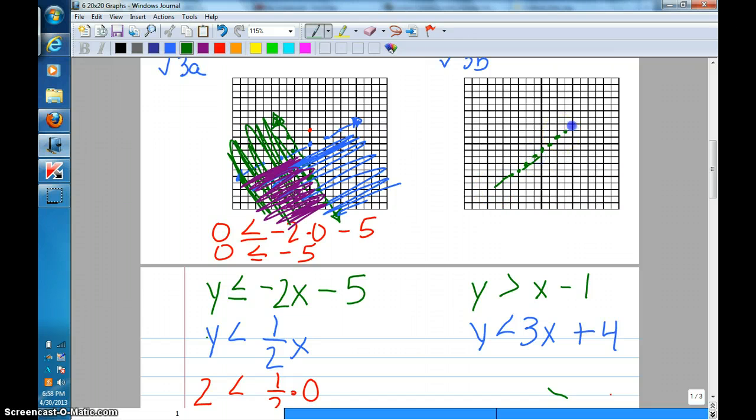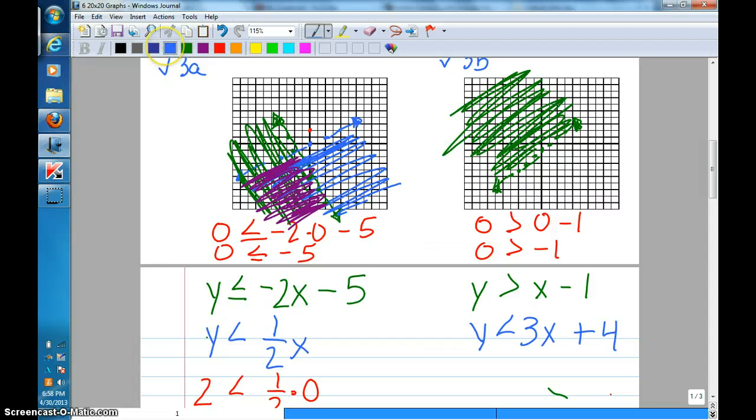You're right if you said dotted. Again, this doesn't cross through 0, 0. It's close to it, but I can use 0, 0 this time. So 0 and 0 minus 1 gives 0. Oh yes, that is true. 0 is bigger than that, so I can shade on this side where I plugged in the point.